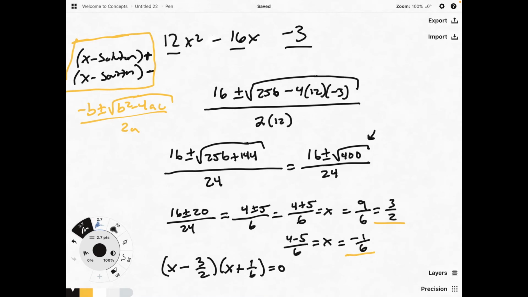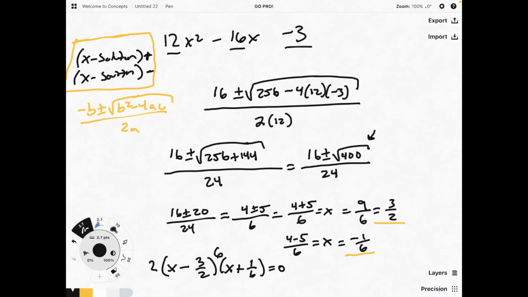And now what we want to do is simplify, because we don't want rational numbers in our answer. What we want to do now is remove the fractions from the problem. So to do that, we need to multiply this term by 2, because that's going to cancel out there. And we need to multiply this term by 6, because that's going to cancel out that term, right? And with multiplication, you can move them all the way around.